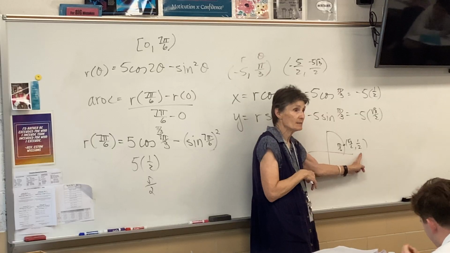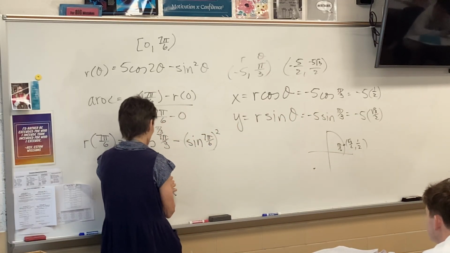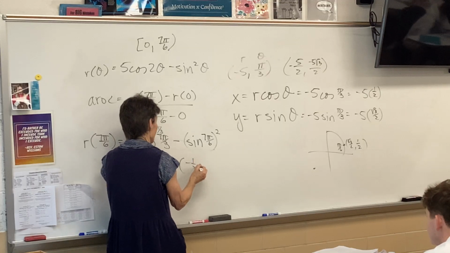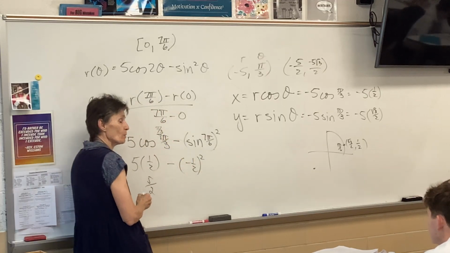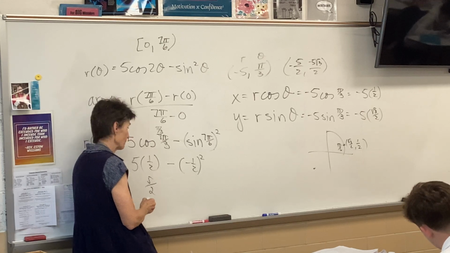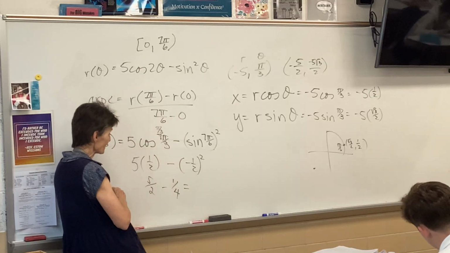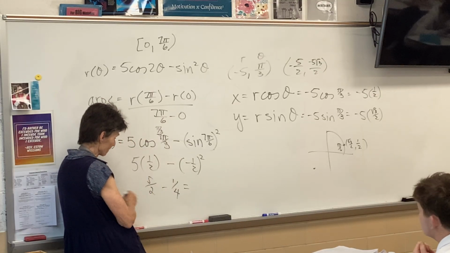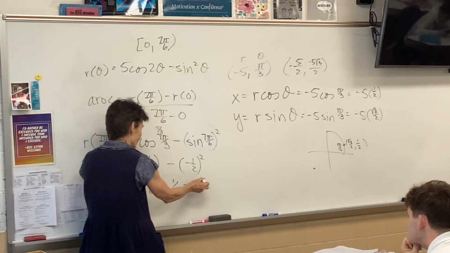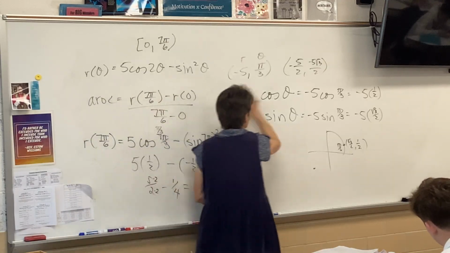The sine is negative 1/2. But I'm squaring it, so it's going to become positive 1/4. So I'm subtracting 1/4, so that's going to give me 9/4 for that first part.